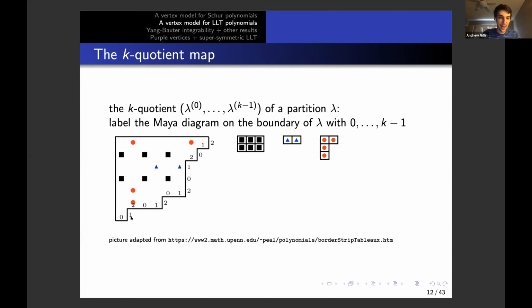So for instance, here k equals 3, and these black boxes are all the ones where the row and column number are 0. And then I combine all of those boxes together, and that becomes the first, or the 0th, partition in the tuple. Okay, and same thing for the blue triangles and red circles. So that gives me a way to associate to every partition a tuple of partitions.